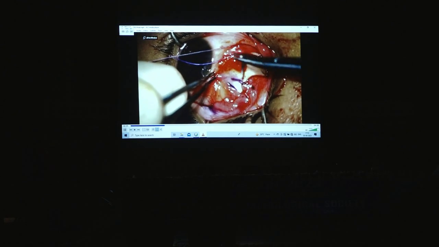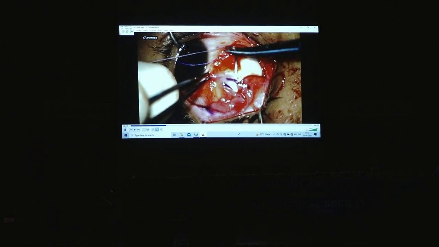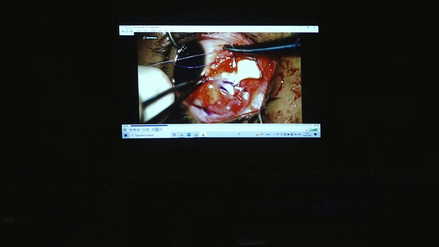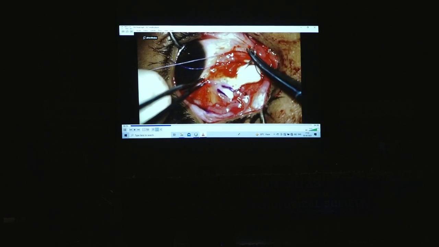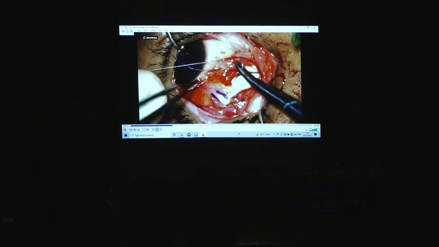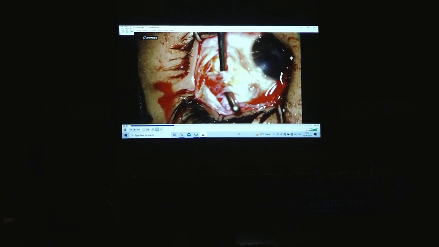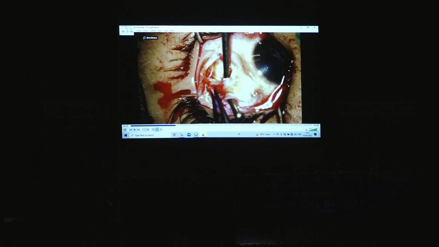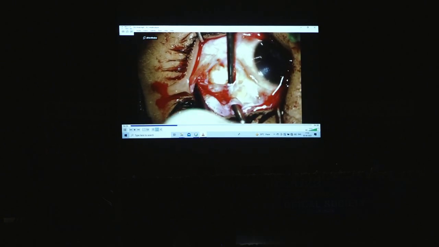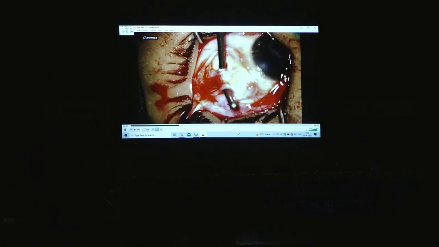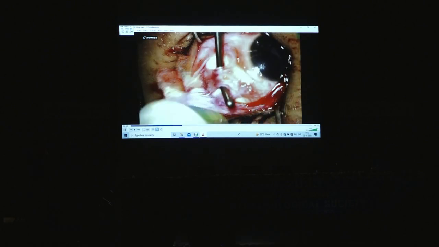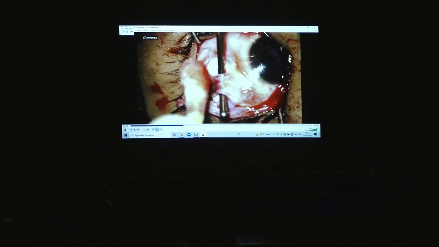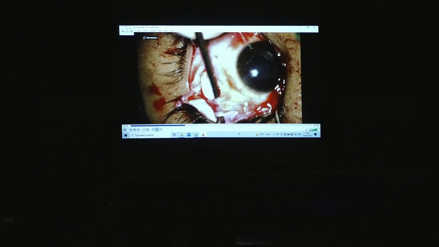Now transposition of the lateral rectus lateral to the superior rectus is being done. Careful scleral bite should be taken. The most common complication is perforation of the globe, so care should be taken in taking the bite. Now the medial rectus is isolated and cleared off of all the tenons. Once it is isolated, it is secured with 6-0 Vicryl.